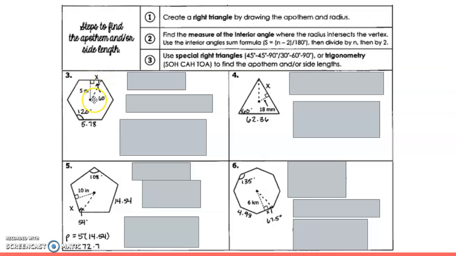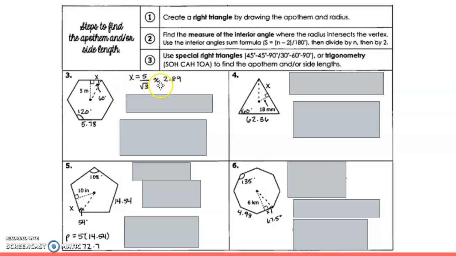If we isolate our triangle right here, what we're finding is the part of our side length, our x in this picture. The x is going to help us find the entire side length. Since I have a 60-degree angle, I can use my 30, 60, 90 special right triangle, and I can say that x is equal to 5 over the square root of 3.